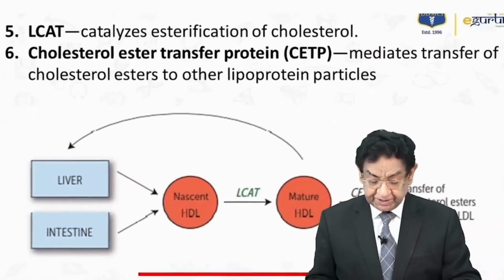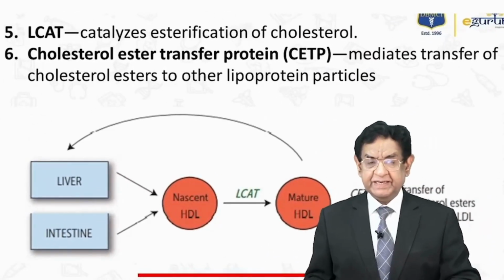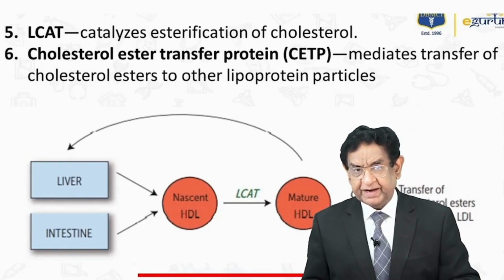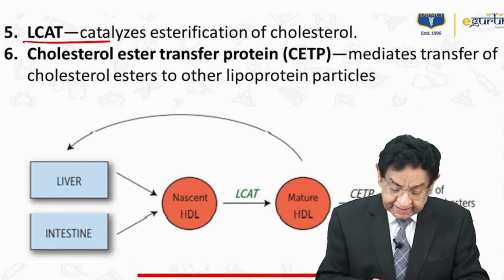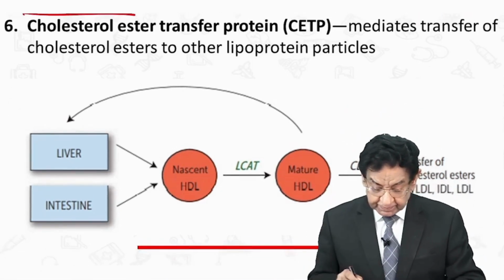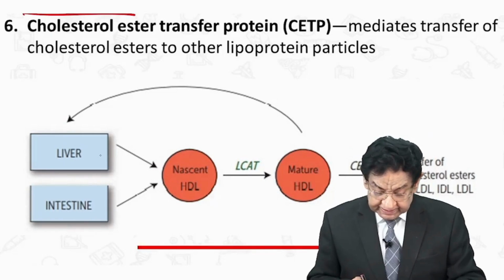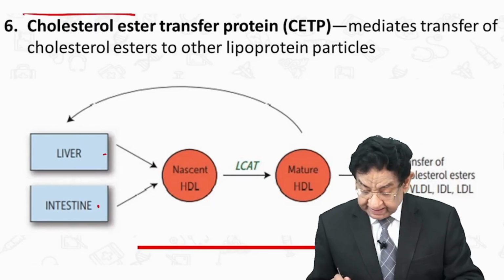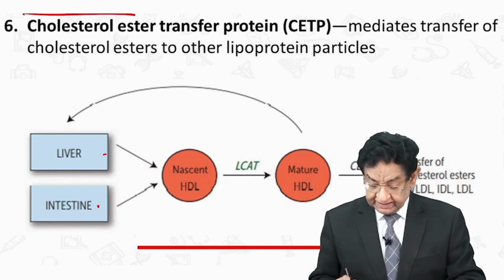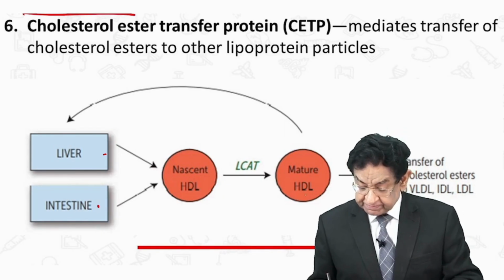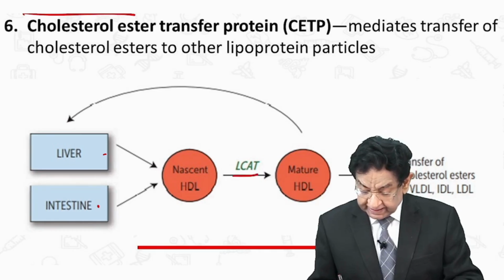LCAT I mentioned to you. What I mentioned is that cholesterol is esterified, and the esterification is done by LCAT. So let's see. In the liver and intestine, we have lipid, and that is made into nascent HDL. And this nascent HDL is made into mature HDL by LCAT.